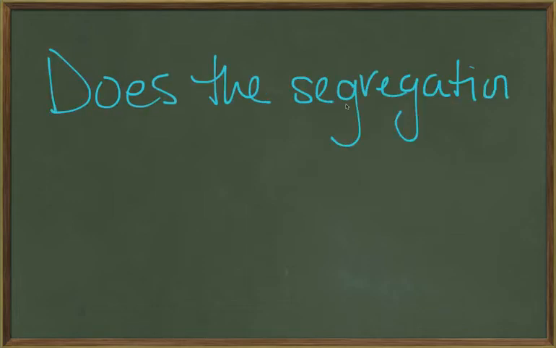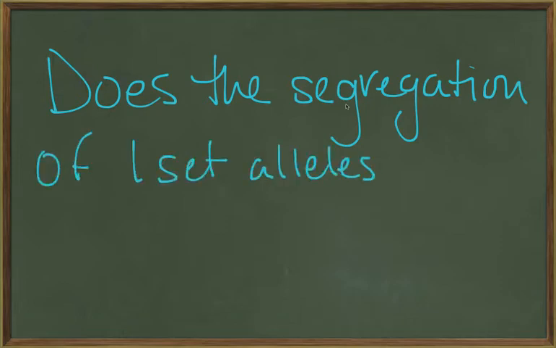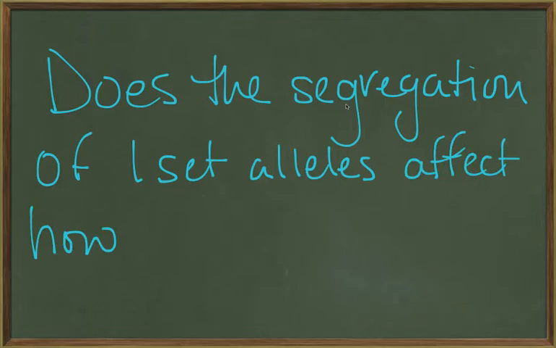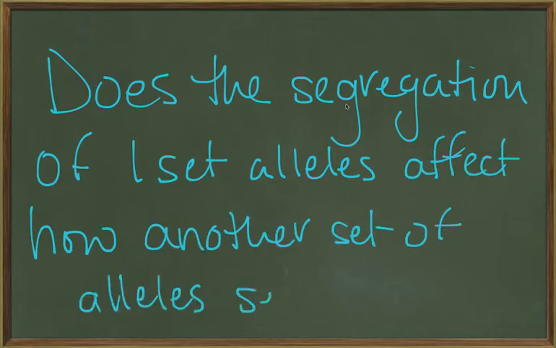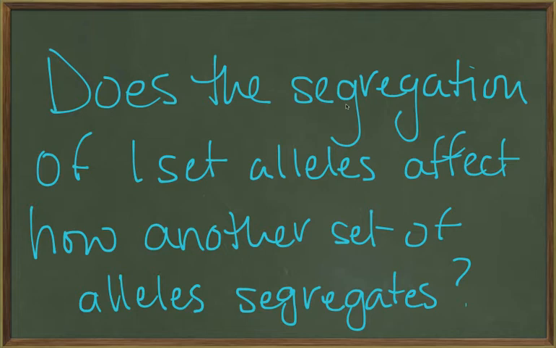So Mendel then had a question. Does the segregation of one set of alleles affect how another set of alleles segregates? So what he did is he stayed with his 7 same traits. He still stayed with the seed color, the seed shape, the flower position, all those 7 traits that we were talking about.